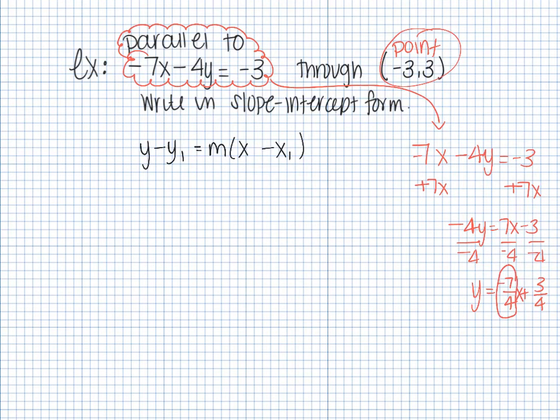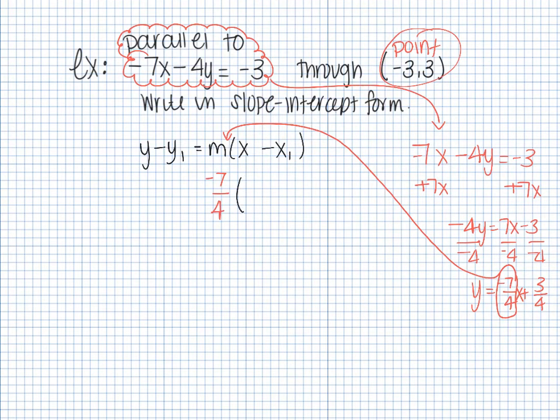That's the only thing I use out of that whole line because I just want the slope so that I can then plug in the slope for my equation. So because these are parallel lines, we just saw on the last page that parallel lines have the same slope. So I'm going to take that and I'm going to replace it with my m. So my new slope is negative 7 over 4.